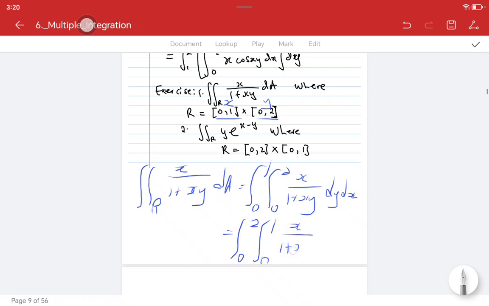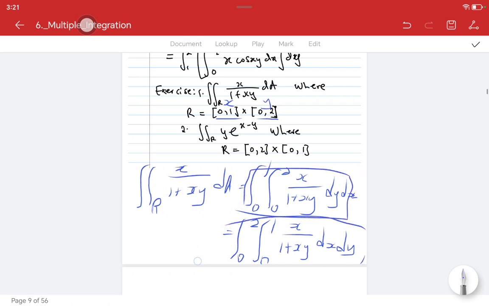to x. But still you can use y, right? And then you do your case here. You can use any of this.